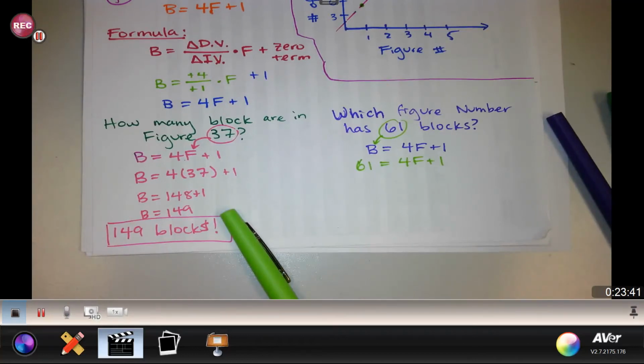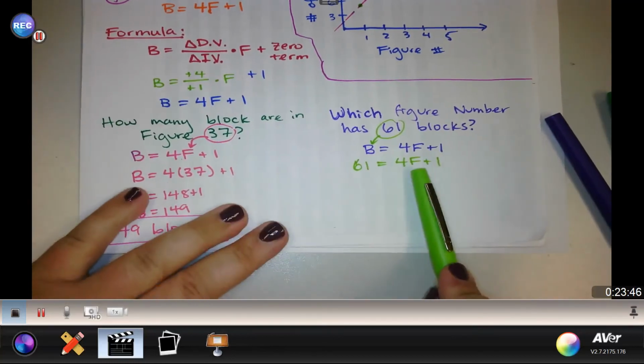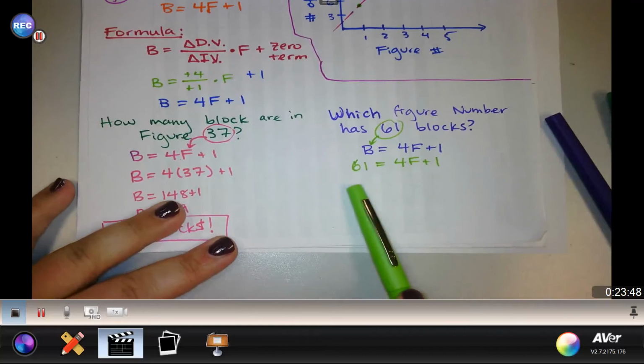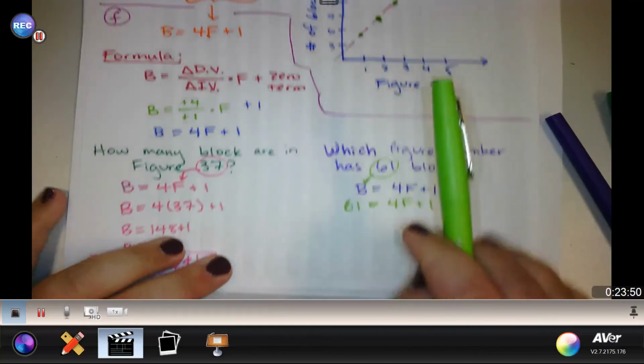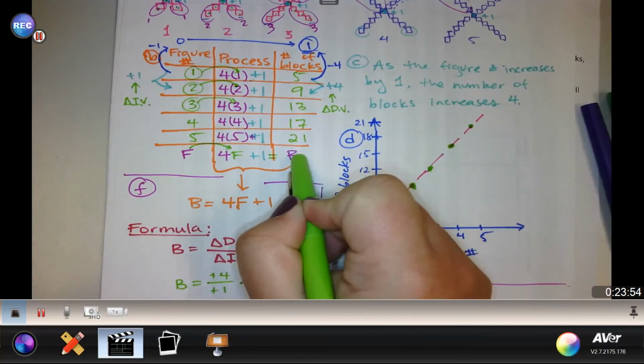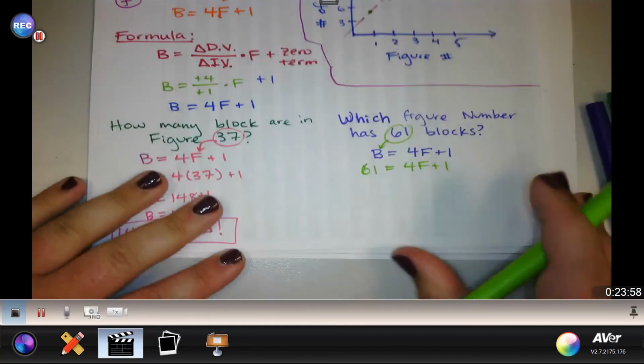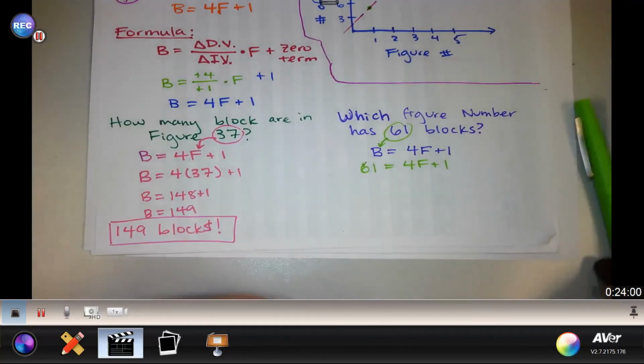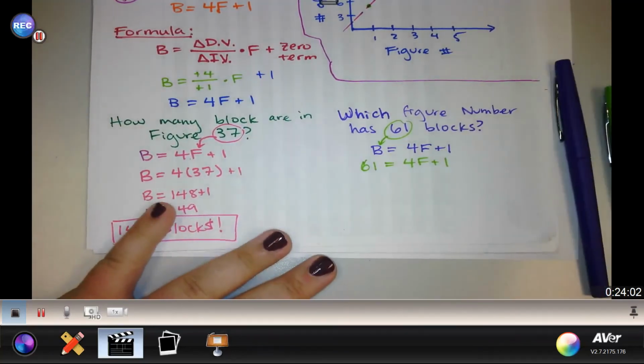Okay, so whatever. You find a calculator, you plug in numbers for F until you get to 61. I know that it will be higher than 5 because that is 21 blocks. The other way of doing it is to do the reverse of this.